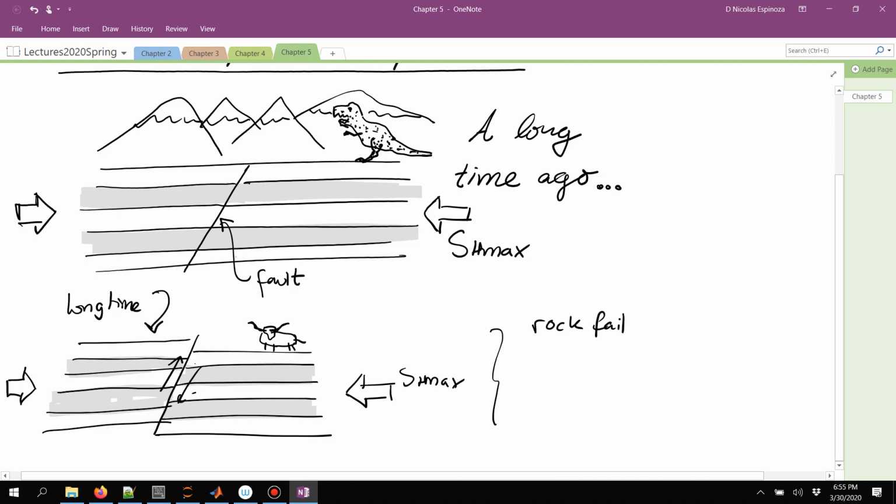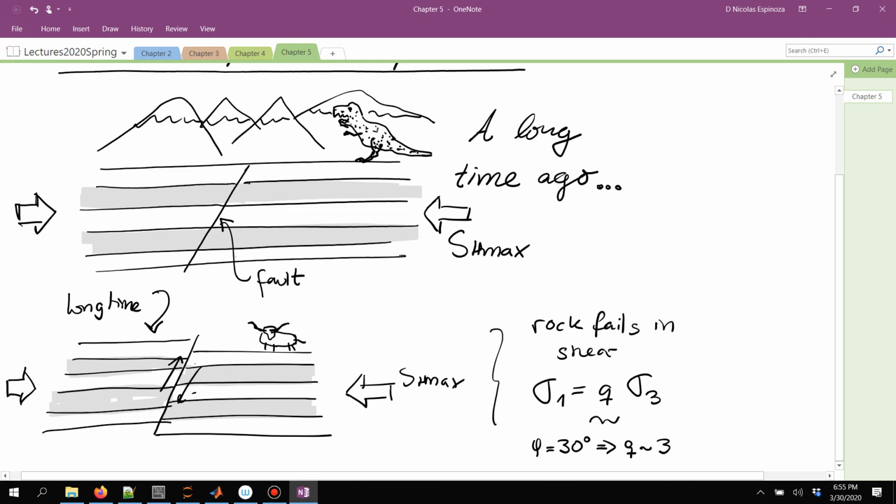And this is going to happen, as we have learned from before, when the maximum effective stress is too high compared to the minimum effective stress. And this is going to depend on this friction coefficient Q, which is a function of friction angle. And for example, when the friction angle is equal to 30 degrees, this Q is about 3 times.